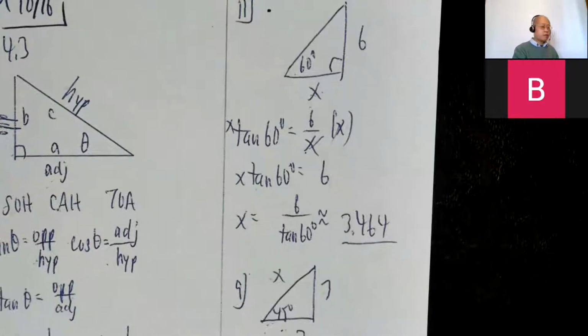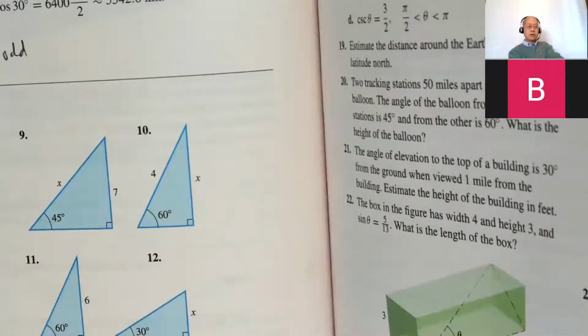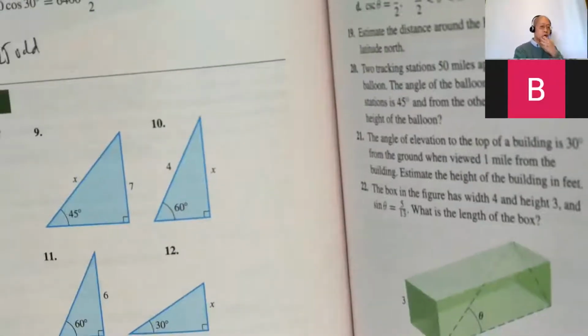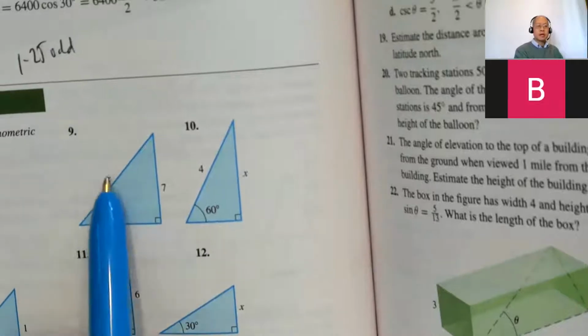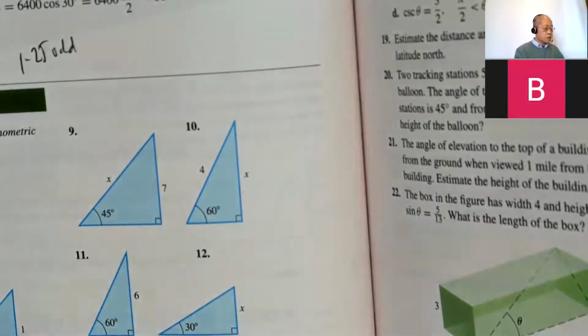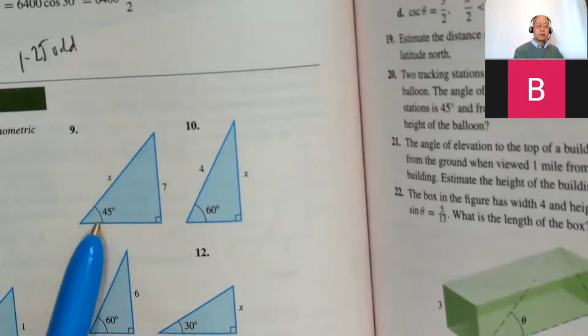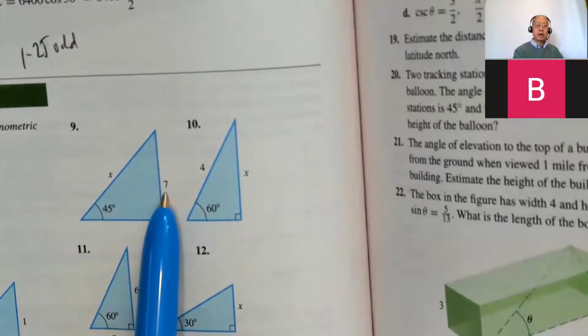All right, so hopefully that's not too bad. And then we go backwards to 9. 45 degrees, x, 7. So let's see what they give me. 45, this is the opposite side.